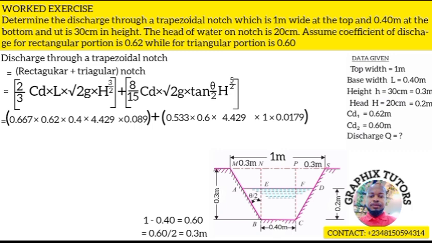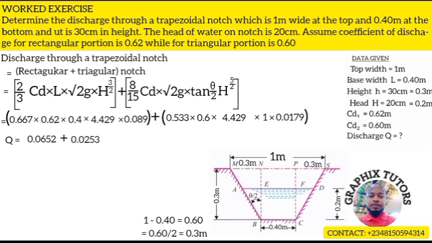So if I do the needful, my discharge Q will be 0.667 times 0.62 times 0.4 times 4.429 times 0.089, and that will give us 0.0652, plus 0.533 times 0.6 times 4.429 times 1 times 0.0179, and that will give us 0.0253.